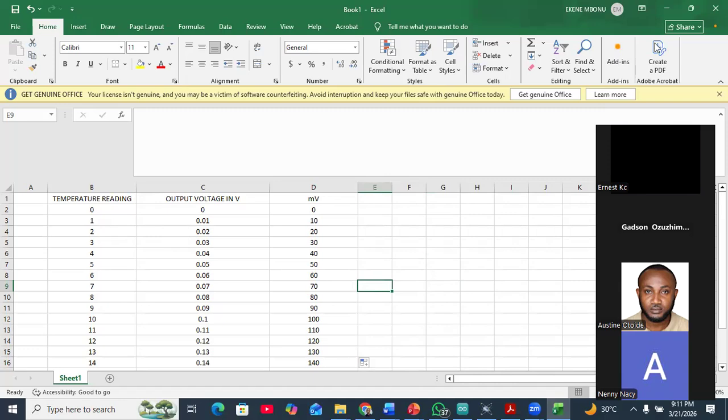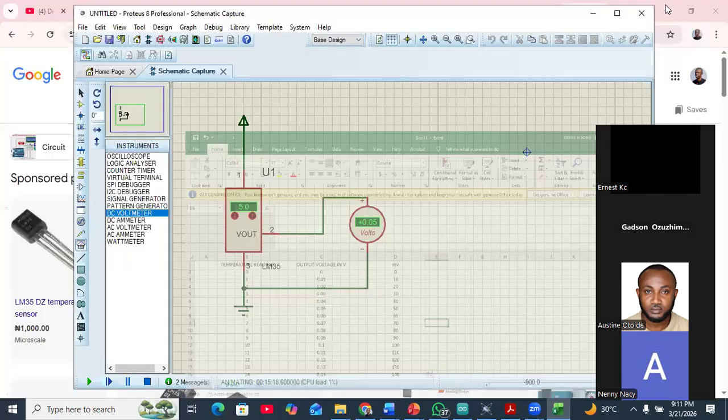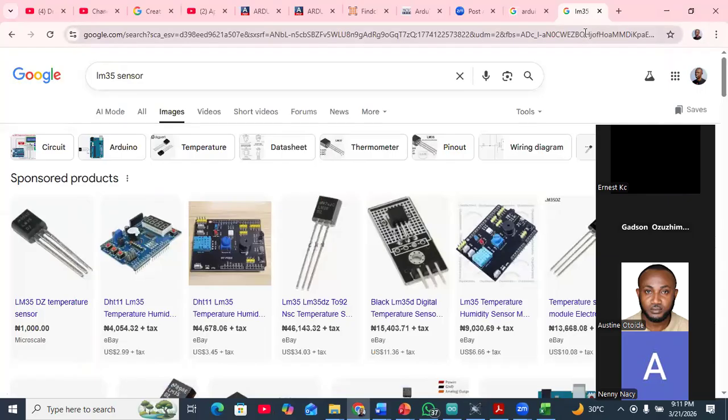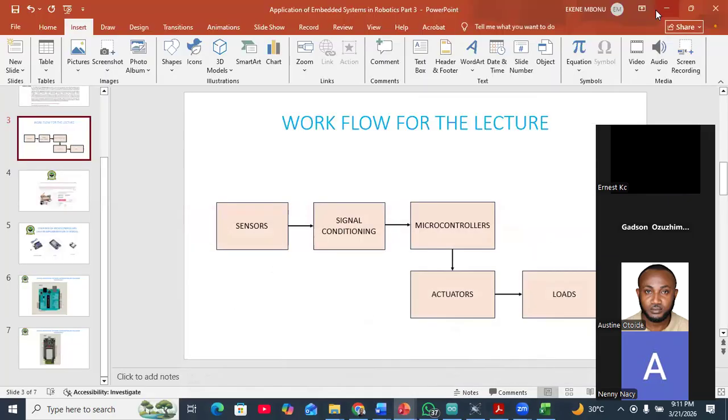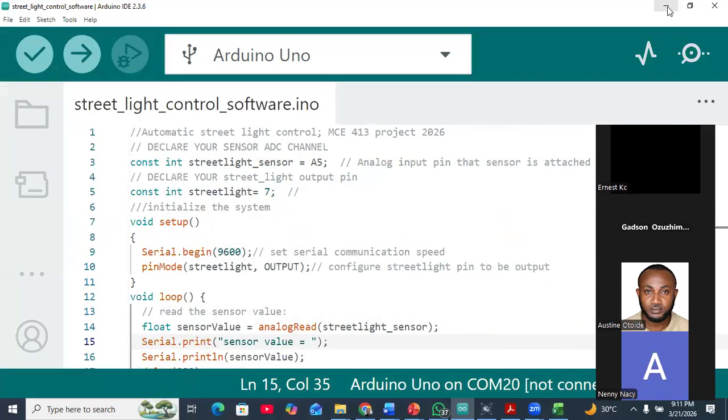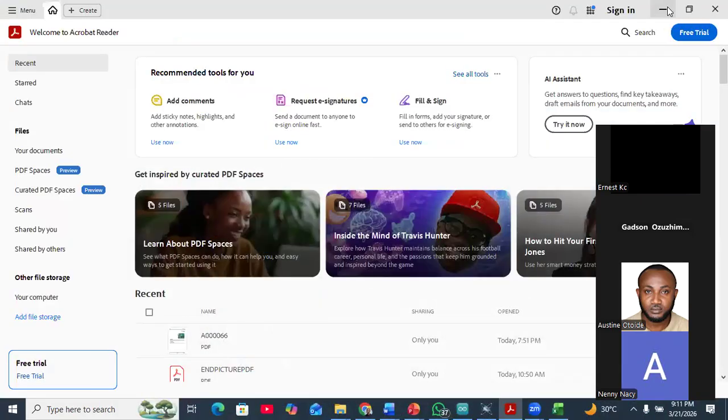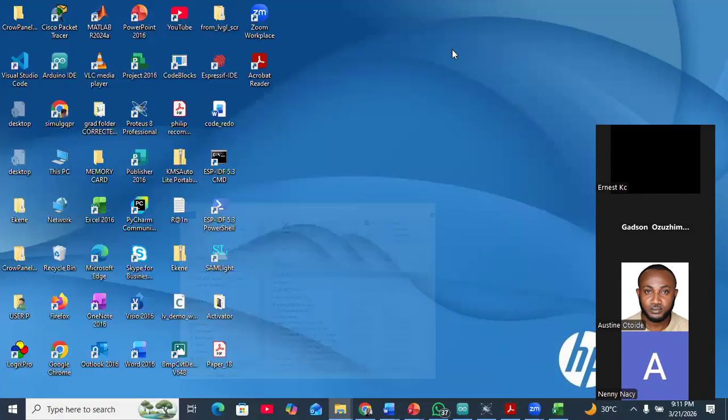One of the tools you can use is MATLAB. I'm just introducing stuff to you so that you really know what to study and what to upgrade on.